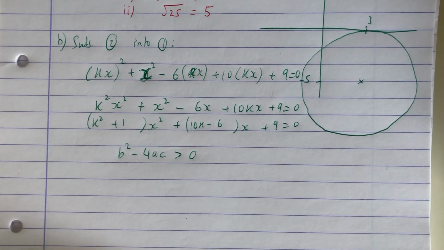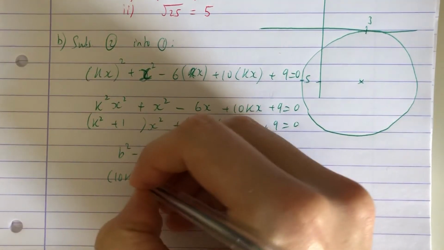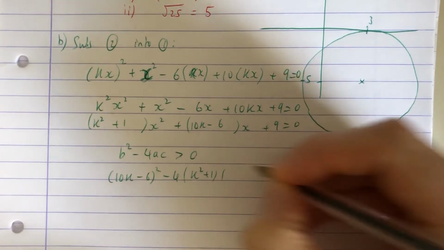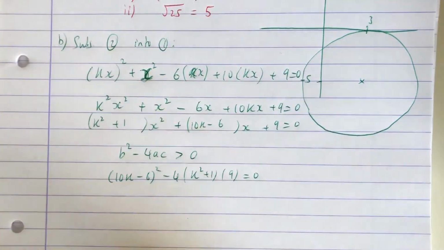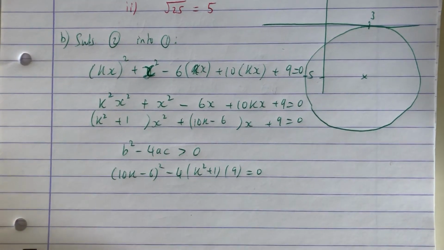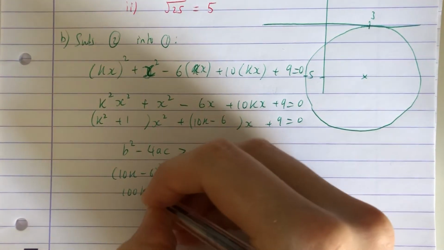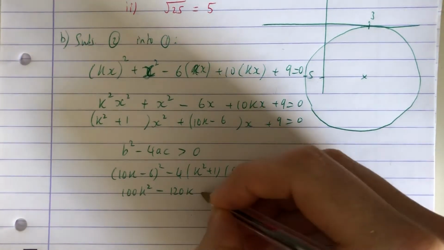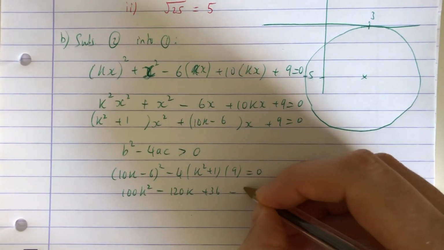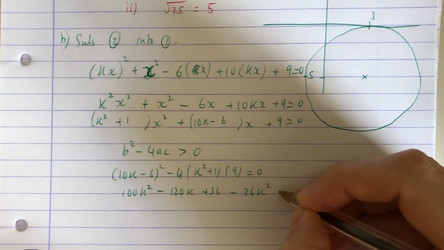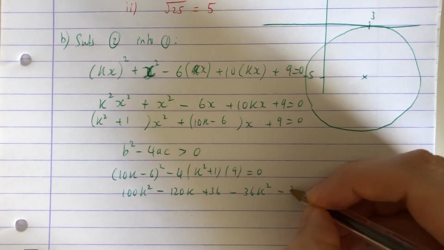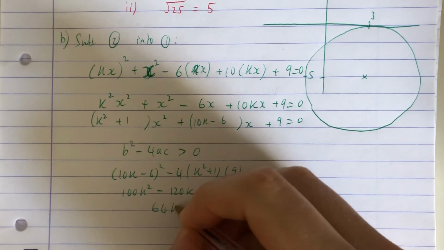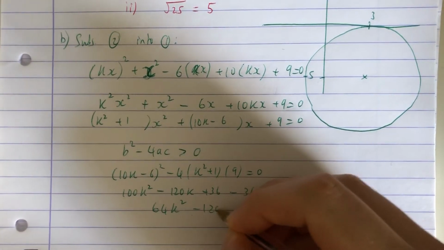And if you substitute b in, and you substitute a and c in, see what you would get. You'd get 100k squared subtract 120k plus 36 subtract 36k squared subtract 36 is equal to 0, to give you 64k squared subtract 120k.